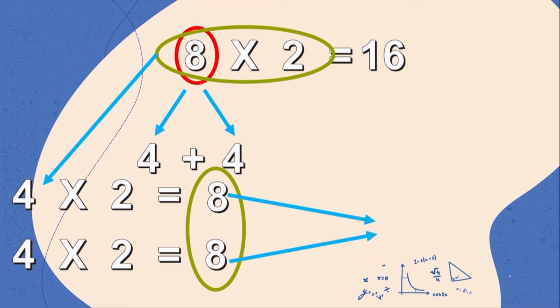And we get the same answer, 16. What law is it called again? It's the distributive law. And it helps us to do mental multiplication better. Once we understand the parts numbers can be broken up into, we can multiply a lot faster.